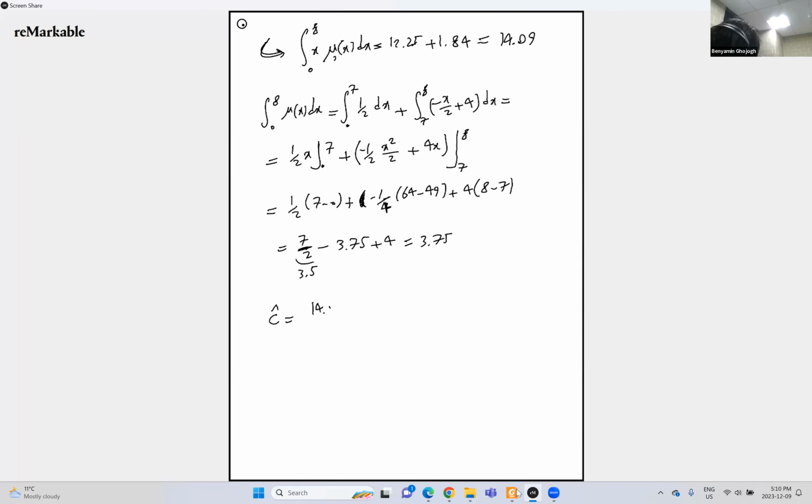So it will be 14.09 over 3.75. It will be 3.757. Does it make sense?